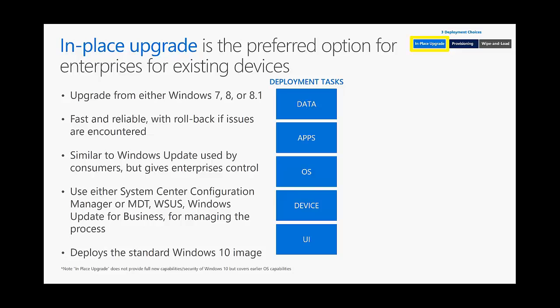Windows 10 will actually validate the drivers and obtain the current drivers that are needed, similar to what we call Windows Update used by consumers, but it's under enterprise control, as I mentioned, through the branch services. I'll give an overview of how you control those updates and the tools you can use to do so, which are System Center Configuration Manager, Microsoft Deployment Toolkit, WSUS, and Windows Update for Business.